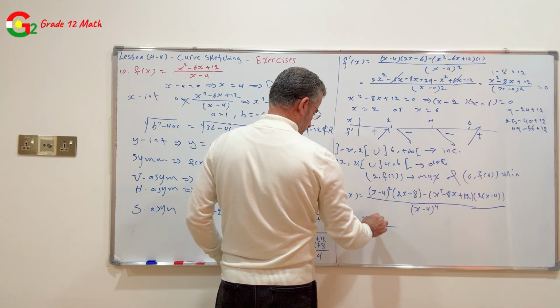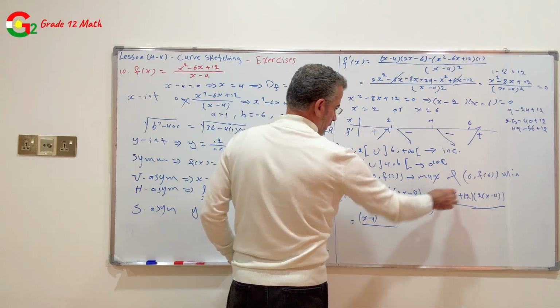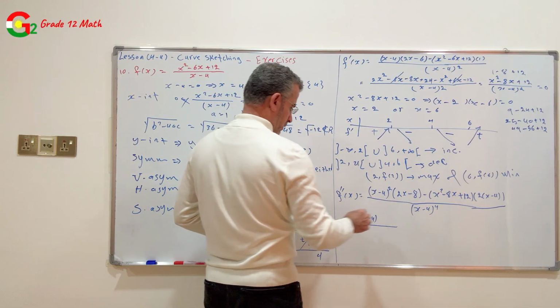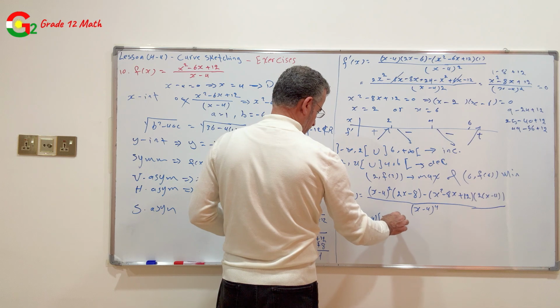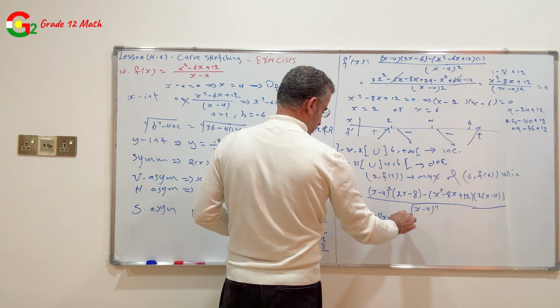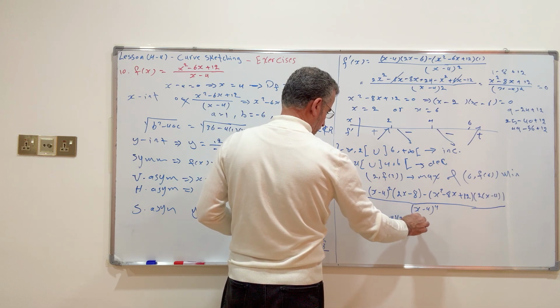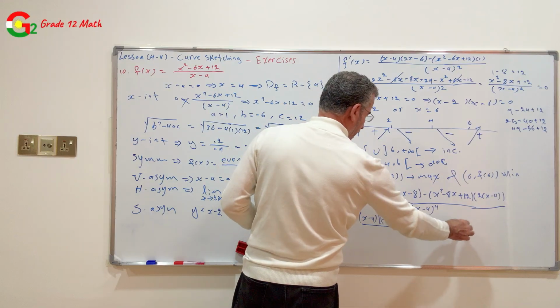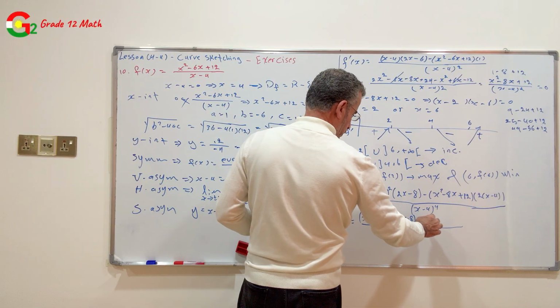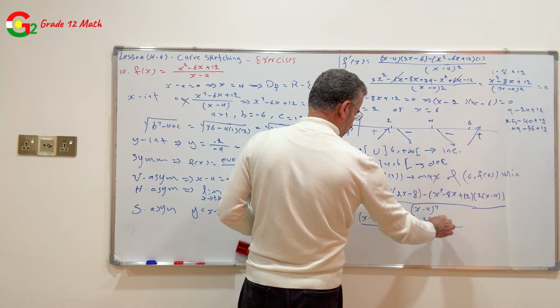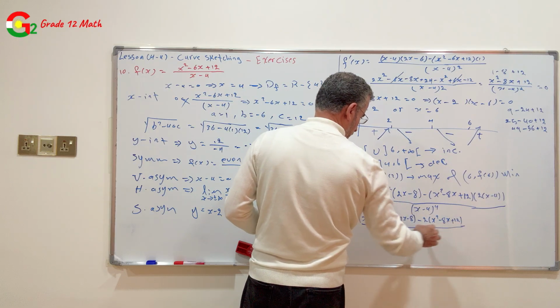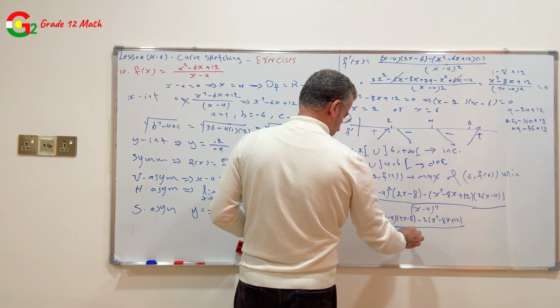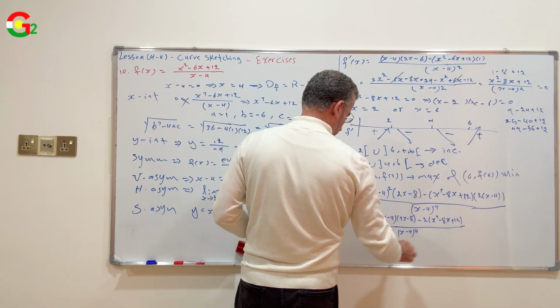factorize by x minus 4 for the two terms in the numerator. From the first term, we have (x minus 4) times (2x minus 8). From the second term, we have 2 times (x power 2 minus 8x plus 12) over (x minus 4) power 4.